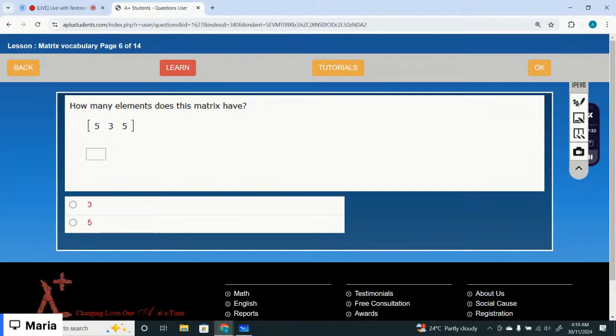That is three elements. Option number one is the correct option.